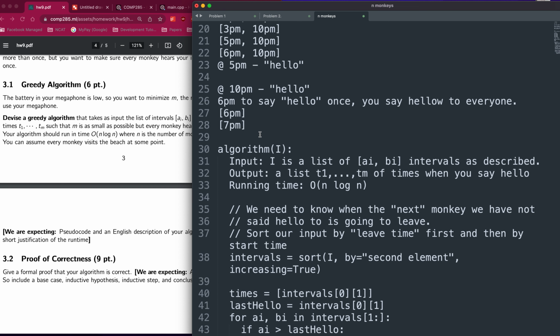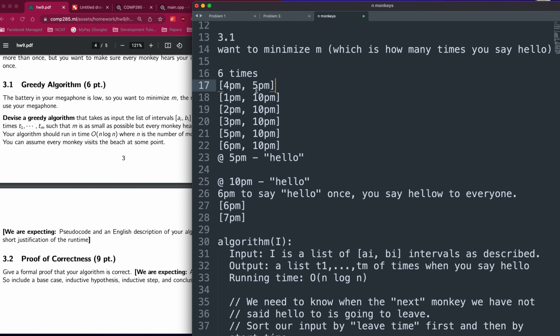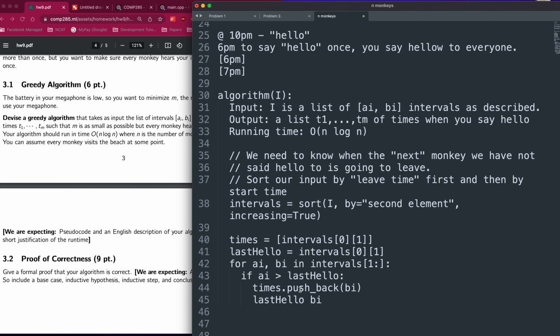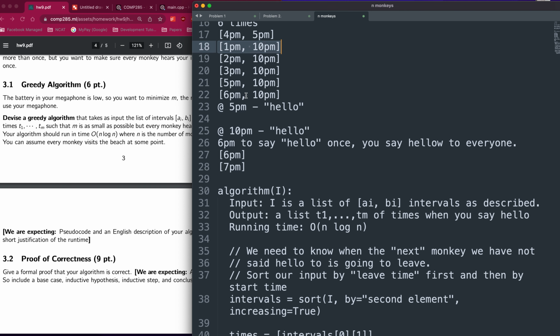So what you'll notice is that we'll say hello at 5 p.m. We'll get to this array and say, well, 1 p.m. is actually before our last hello, so we already said hello to him. So this guy's going to get skipped. This guy's going to get skipped. This guy's going to get skipped. This guy as well is going to get skipped.